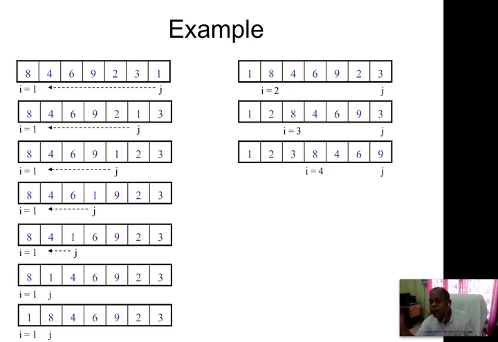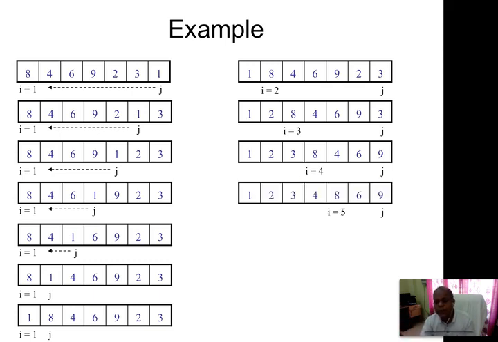Which one is smaller will move towards the left. If the right one is smaller, then you are exchanging. Then the second comparison will be done between the n minus 1 index and the n minus 2 index, and if they are out of order, again you are shifting. Like this it will happen.